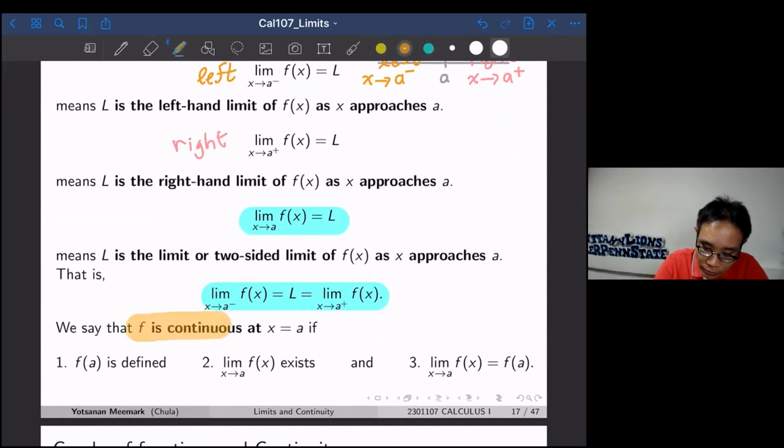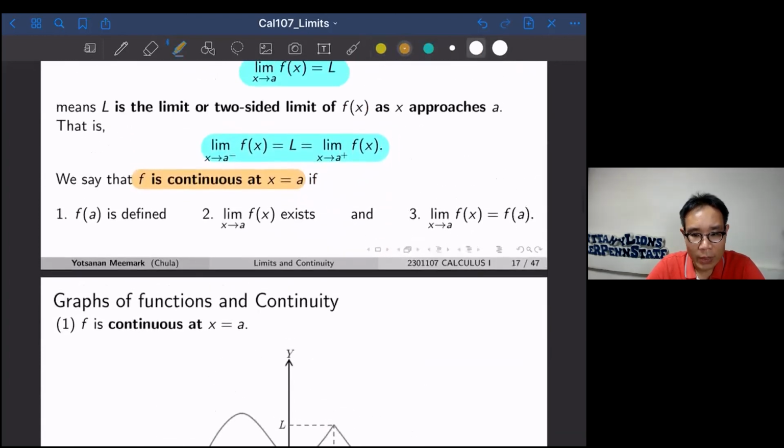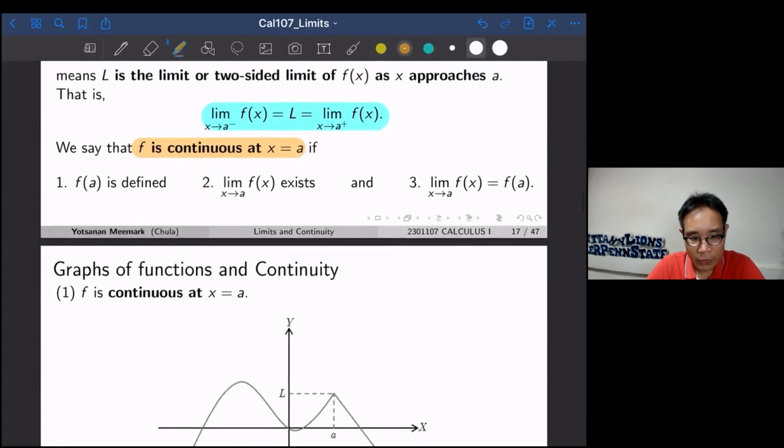So f is continuous at a means that the function is defined at a, the limit as x goes to a of f(x) exists, and the limit as x goes to a of f(x) equals f(a). So this will be the limit and continuity of the function.